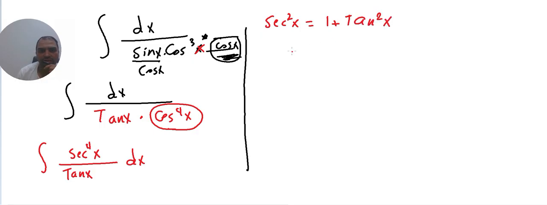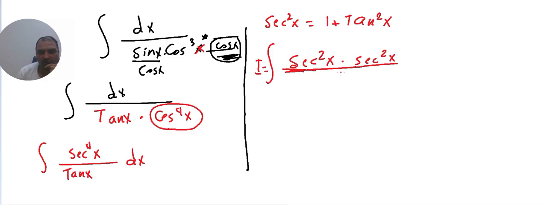So the integration, I will call it I, equivalent to, in the numerator, replace sec power 4 by sec power 2 times sec power 2. Then the integration is sec power 2 x product by sec power 2 x over tan x, all dx.